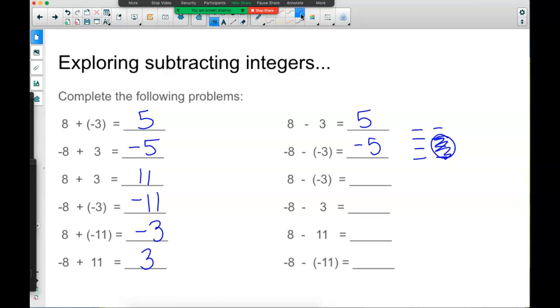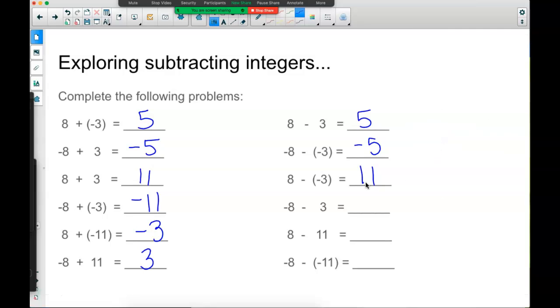Okay? How about 8 minus negative 3? 8 minus negative 3 is 11. Okay, so let me draw it out and I'll kind of show you what's happening.